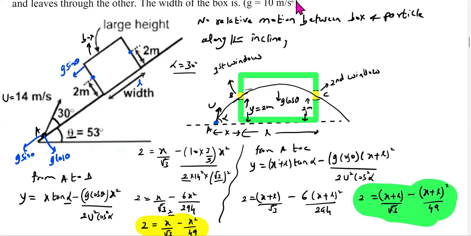We have to solve these two equations. Solving equation 1 and 3, we'll get L, which is the width of the window.